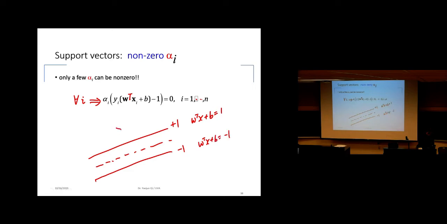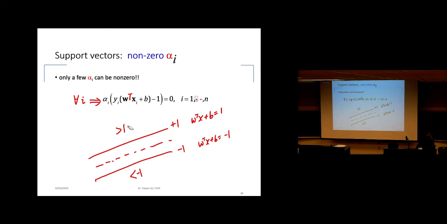The upper is larger than 1, the lower is smaller than -1. Okay, so from this figure, what do you get? W transpose x plus b times yi minus 1. What's the pattern there?